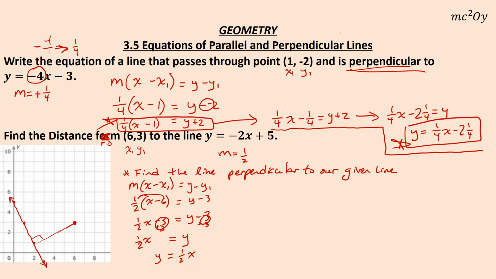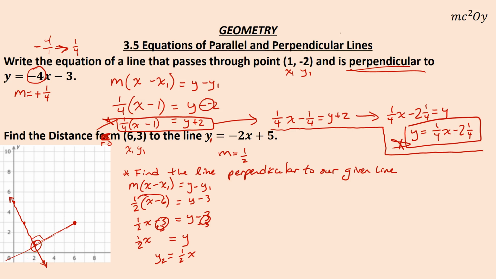So now I have two equations. I have this first equation, so I'm going to call that y1, and this is my second equation, y2. And what I need to do is find out where those two equations intersect. So recall that point of intersection is called a solution to a system of equations.